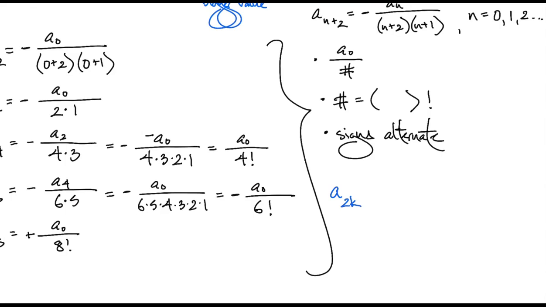So 1 times 2 is 2, 2 times 2 is 4, 3 times 2 is 6. No matter what number you put in there, 101 times 2 is 202. That's an even number.